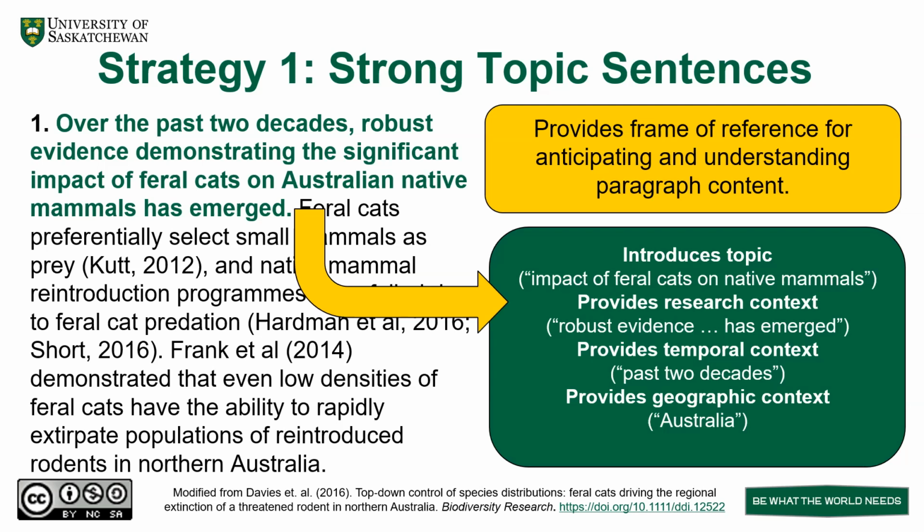So in an Australian context, the impact of domestic cats that have since become feral is much more significant, perhaps, than in other geographic locations. So sometimes having a little bit more information in the form of a topic sentence, you can actually convey a lot of very relevant context to your readers.